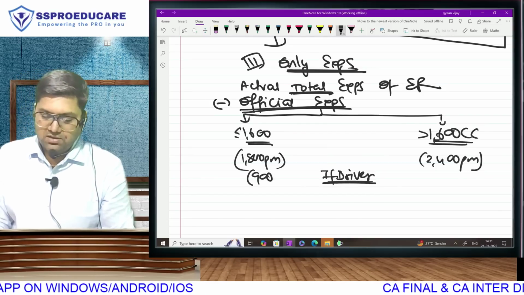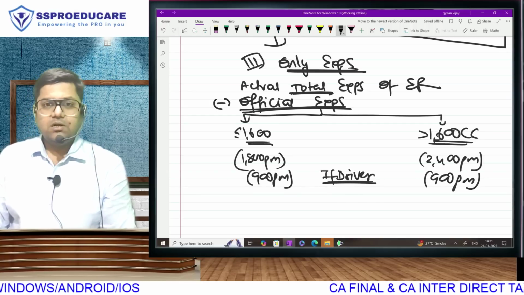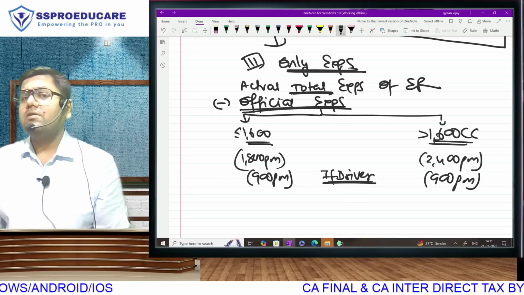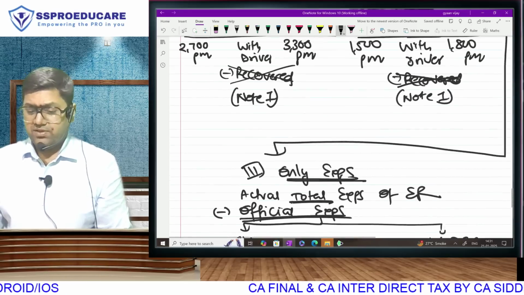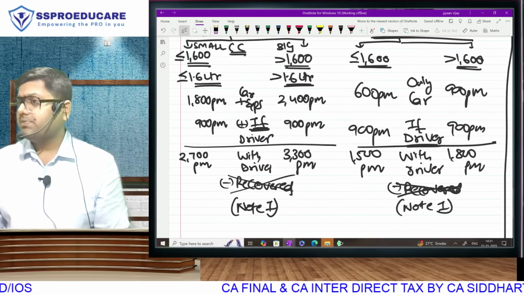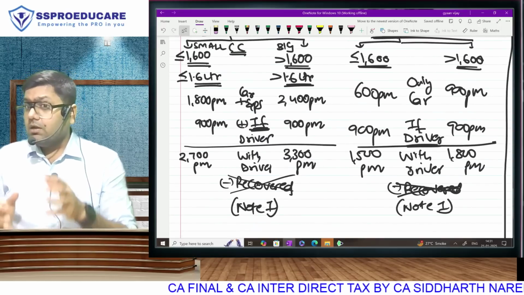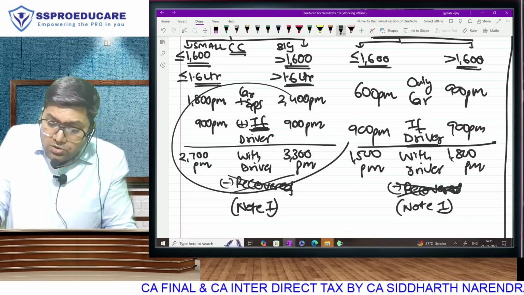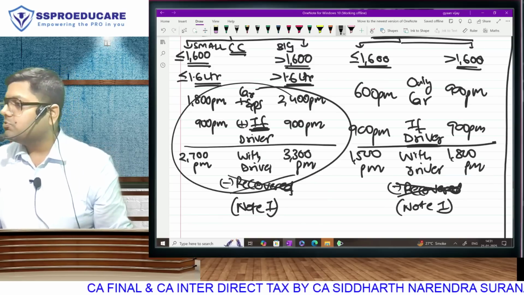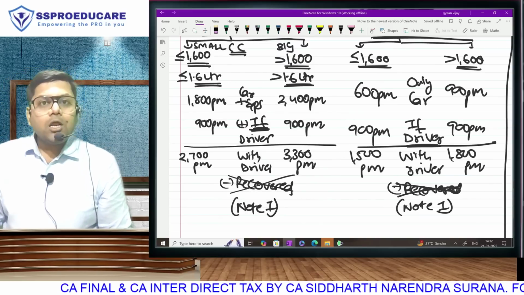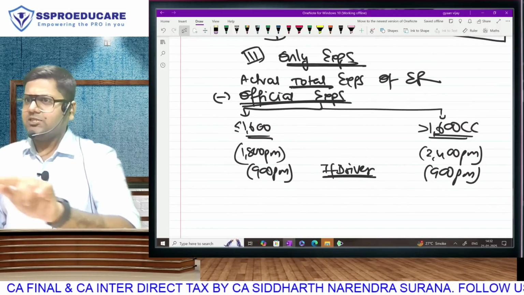So for the driver, we will minus 900 at both places. It's not that we have not seen these amounts 1800, 900 and 2400, 900. We have seen the same amounts in car plus expenses. Over there, the amounts on which we are paying tax by assuming them to be personal are exactly the same amounts on which we don't have to pay tax by assuming them official and separate from the total.